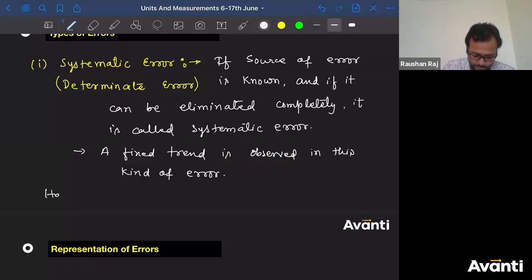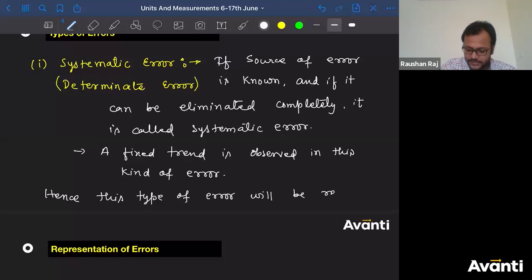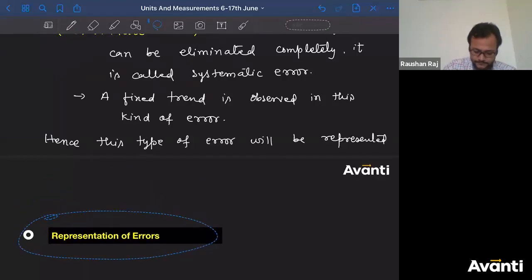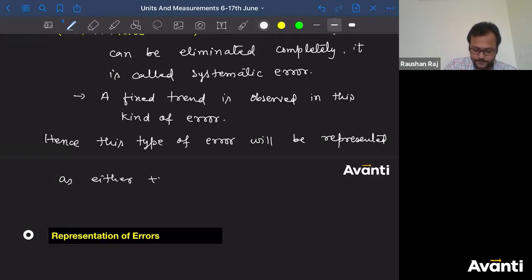Hence, this type of error will be represented as either positive or negative.